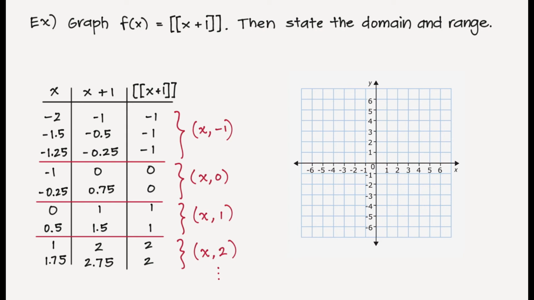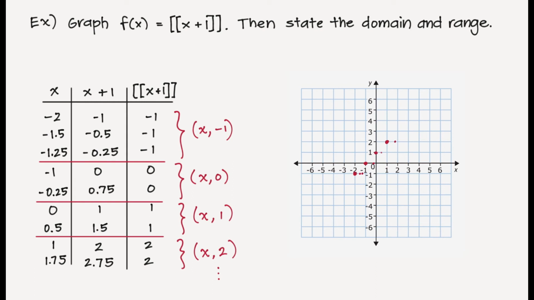So I'm going to go ahead and plot these for you, like -2 down to -1 is my first point, -1.5 down to -1, -1.25 down to -1, -1 comma 0, -0.25 at 0, 0 up to 1, 1/2 up to 1, 1 up to 2, and 1.75 up to 2 as well.